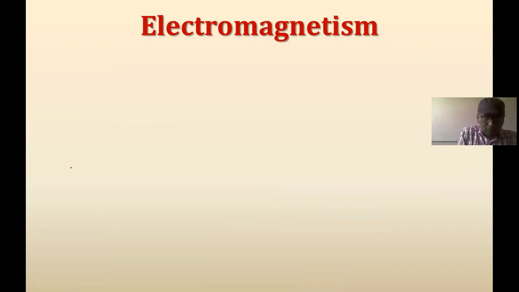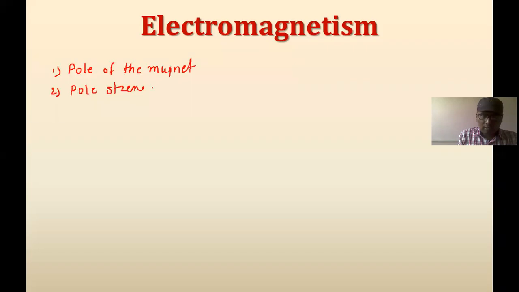The first definition we will recall is nothing but the pole of the magnet. Pole of the magnet. It means the N pole and the S pole. Second, we discussed pole strength, and the unit for the pole strength is Weber or ampere meter, the SI unit.